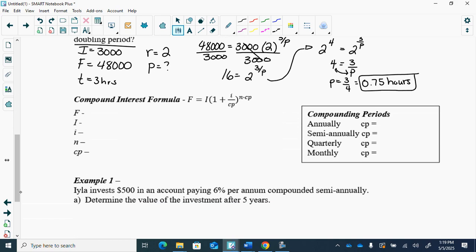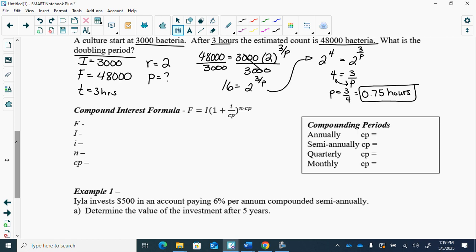Alright, the next one is compound interest questions. If you're given a compound interest question on a test, it's often accumulated amount equals principal times 1 plus i to the n. They don't add the CPs, and they use accumulated amount and principal. It doesn't matter what they do. If they give you the formula, they have to tell you what stuff stands for. So, we're going to use the F formula.